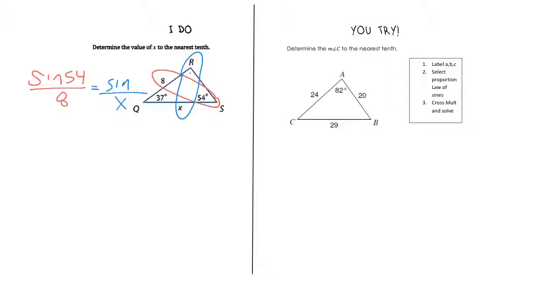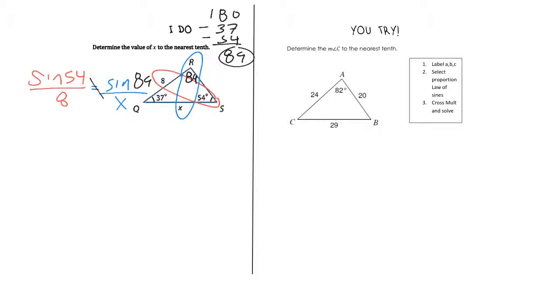Now, I don't have an angle for R, and that would be too many variables. But I notice that this is a triangle, and I have 37 and 54. So if I do 180 minus 37 and 54, I get 89. So this angle is 89 degrees. So it's sine 89 over x equals sine 54 over 8. Law of sines. The angle and the side across match up.